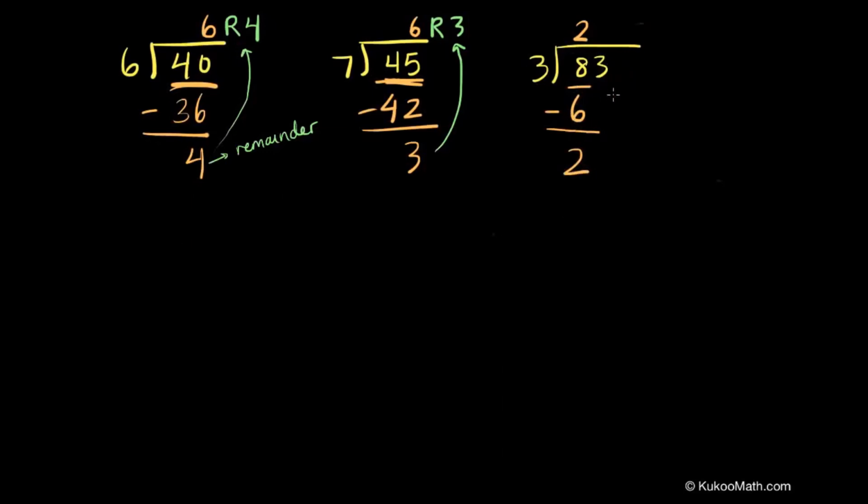Now we have this other digit to worry about. So our next step is actually to bring it down. We're going to carry it down like this, past all this business, and we're going to just put it right next to the 2. You notice that when we did the 8 minus 6, we got 2. We can't put 3 into 2.